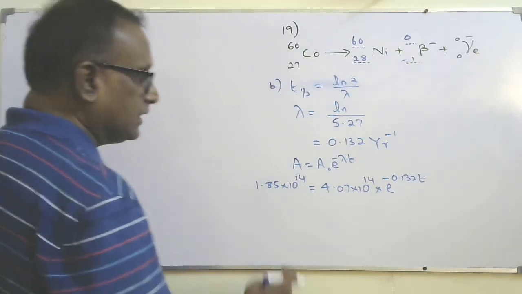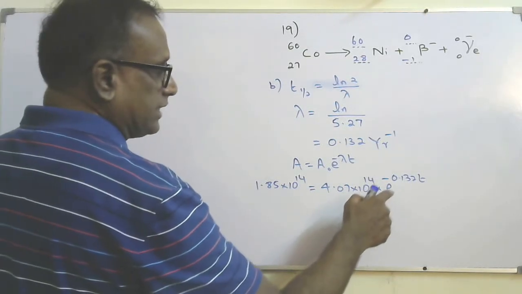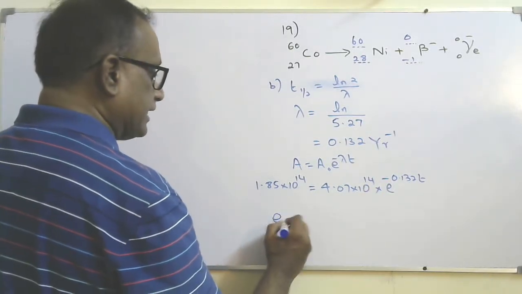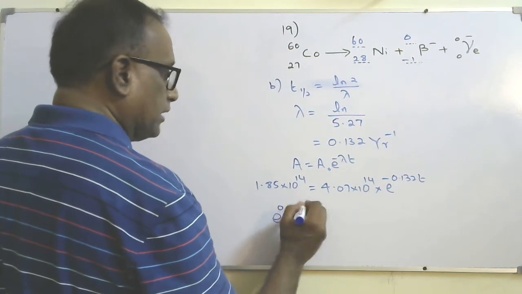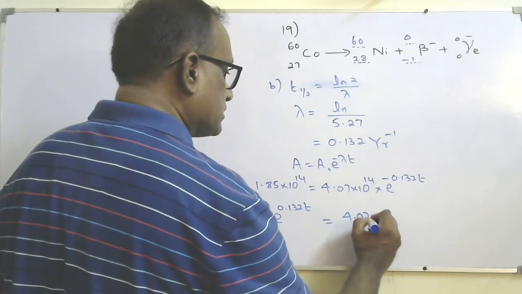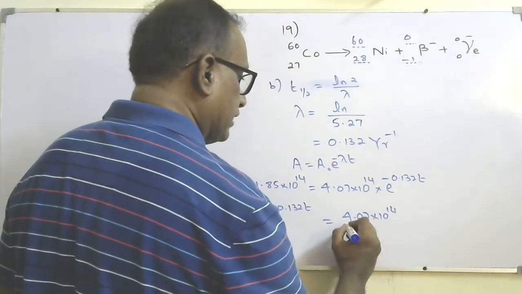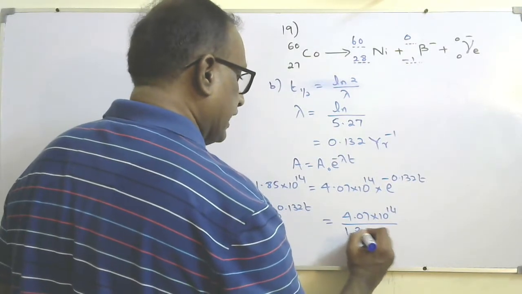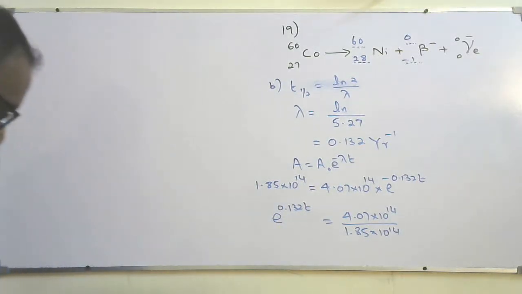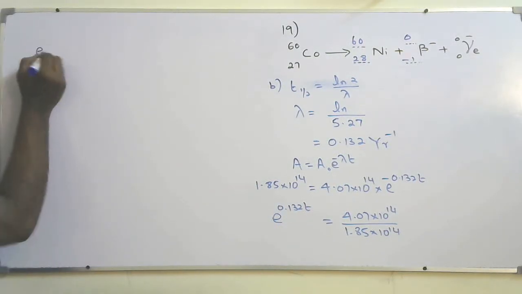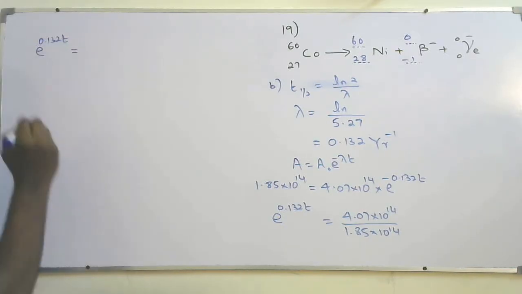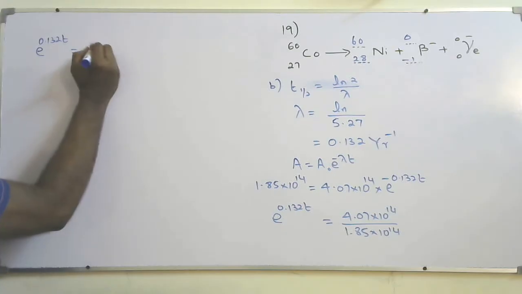The time will be in here. So you know how to solve this. e to the power minus, I can write 1 over e, cross multiply. So I can say e to the power 0.132 t is equal to 4.07 × 10^14 over 1.85 × 10^14. So from that you will get e to the power 0.132 t will be equal to 2.2.